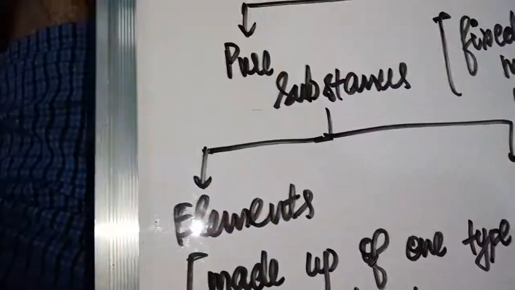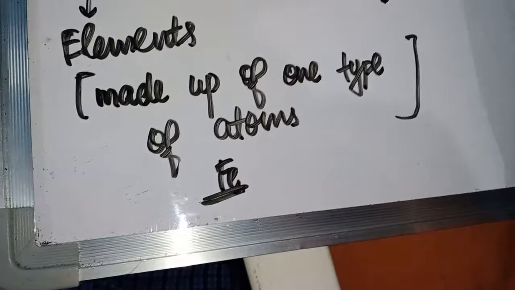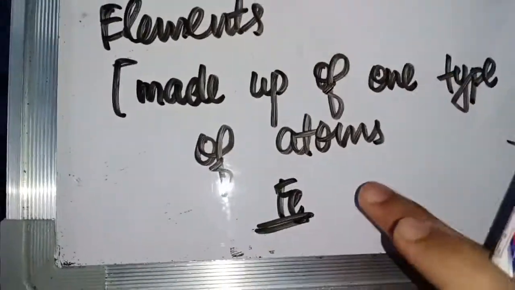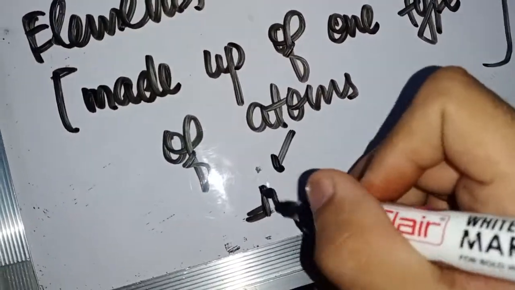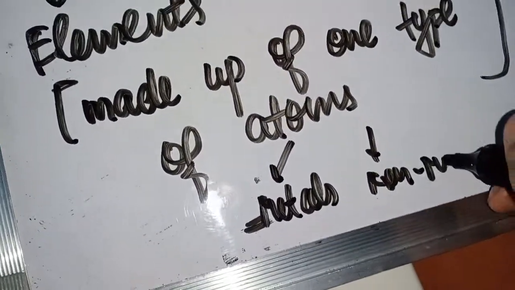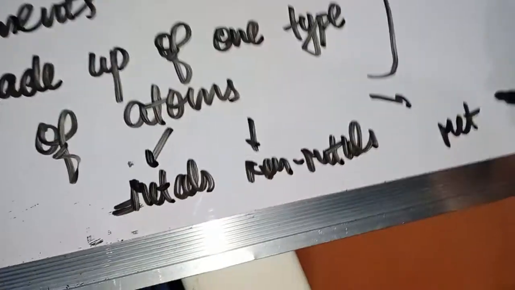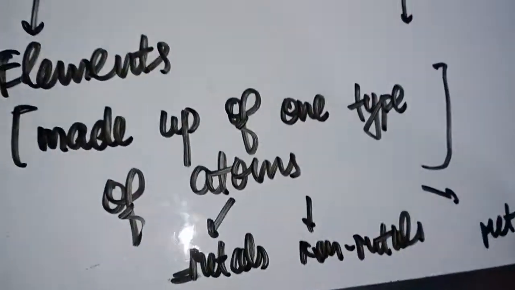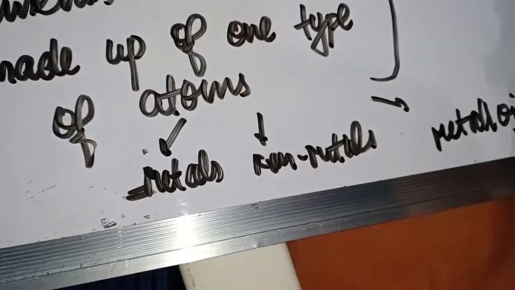If I take iron metal, then it is only composed of iron atoms, pure iron. So that is an element. So elements can be further classified as metals, non-metals, we don't need to remember, I'm just telling, and metalloids. This is all extra. Metals, non-metals, and metalloids. There can be no other element. Either it will be a metal, a non-metal, or a metalloid.